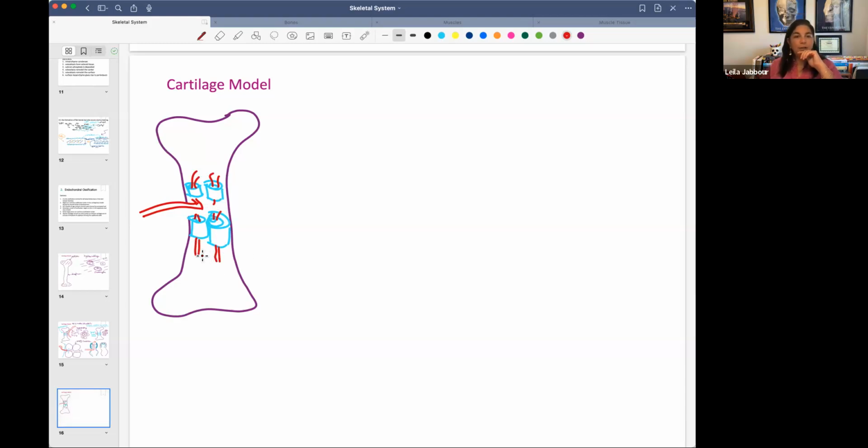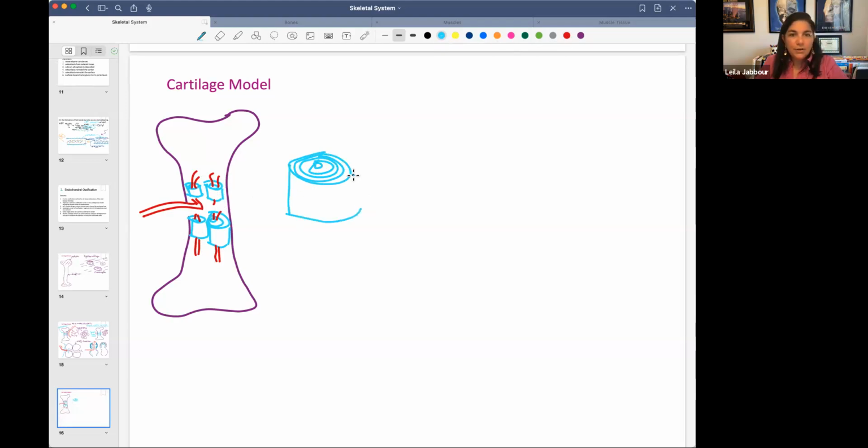and they can even connect with each other via Volkmann's canal. So the central canal in each osteon is just that. It allows for the vessels to run vertically throughout this compact bone. So if we wanted to see it a little bit more, that's what we have.